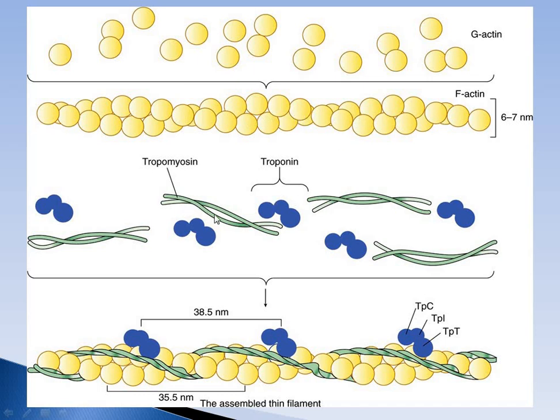Second protein, tropomyosin, is also in the form of long chains. So two chains of tropomyosin, they twist around the actin or microfilament. And the third protein, troponin, in the form of three subunits or triplets, is attached to tropomyosin at certain intervals. So together they help in contraction and in providing support to the cell.